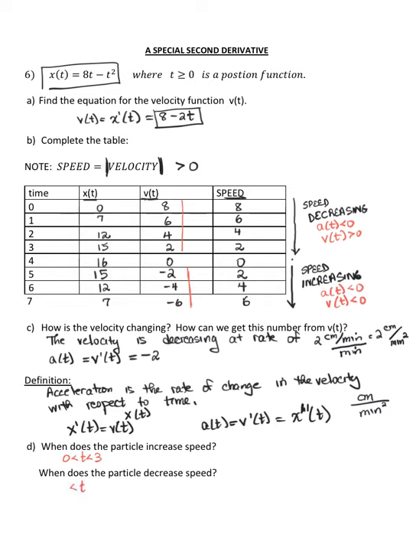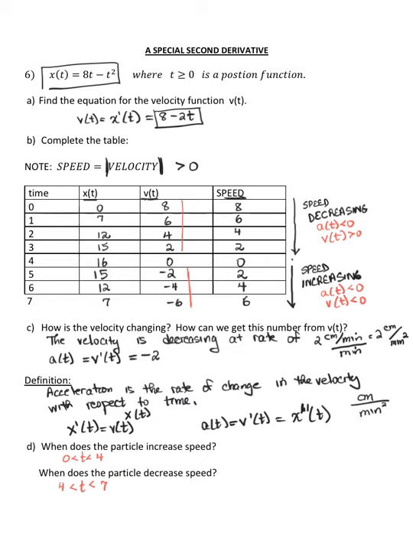Well, to think about it, it says it decreases speed. We could say from 0 all the way to 4. Let's put 4 in here because the particle stops there at 4, and that it increases speed from 4 to 7. So we have 4 in the picture.